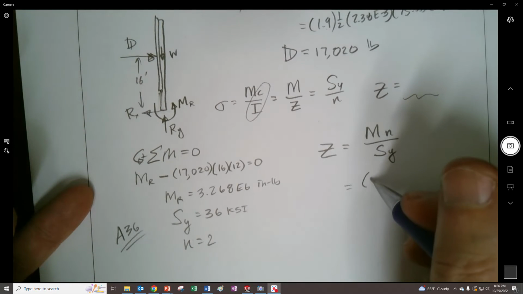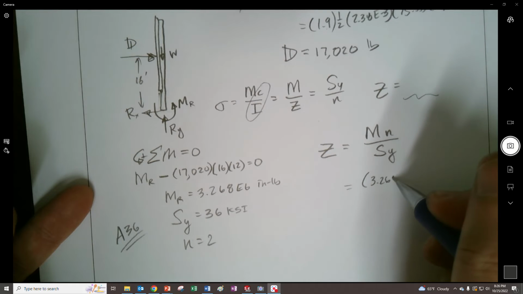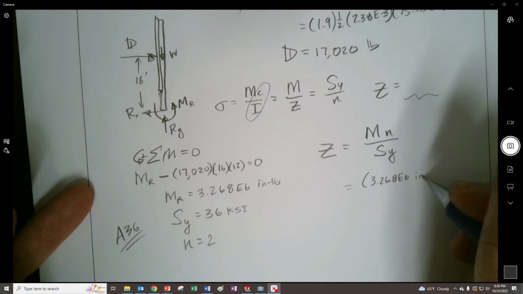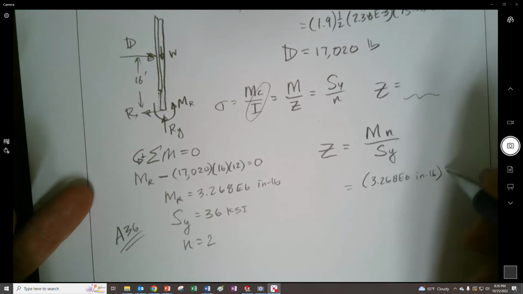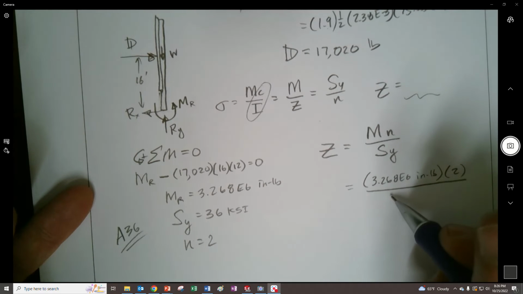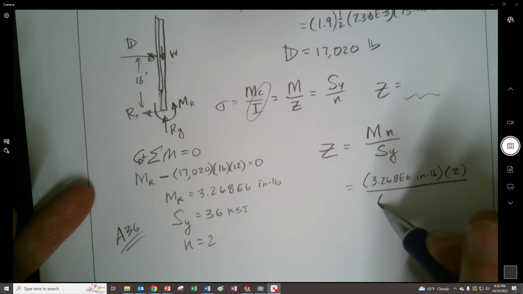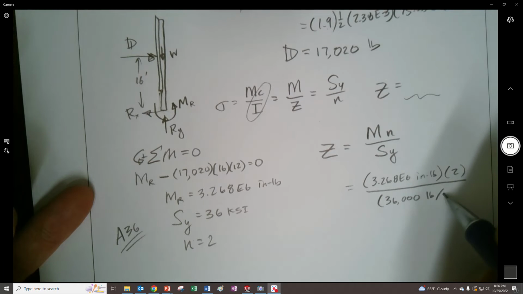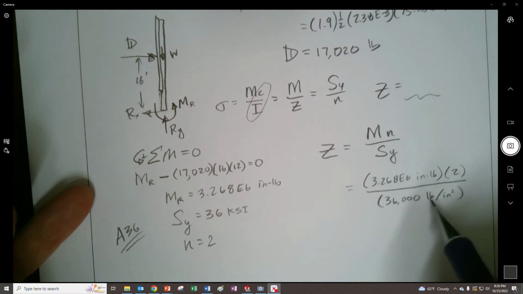So we get our 3.268 e to the 6, and let's make sure we get these units right. That's going to be times 2, divided by our strength, which is 36,000 pounds per square inch. And the pounds are going to cancel out.